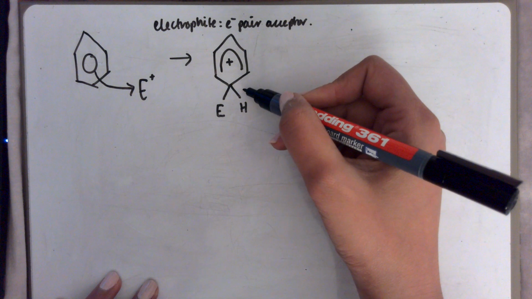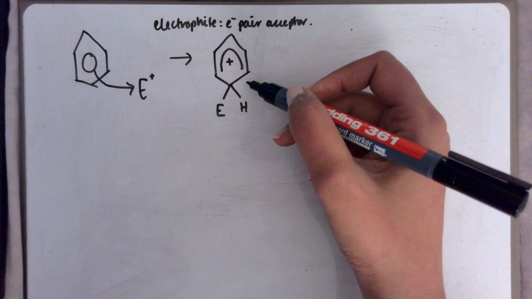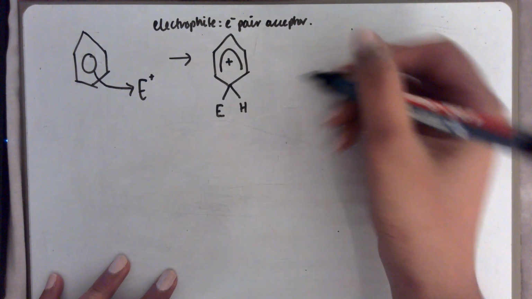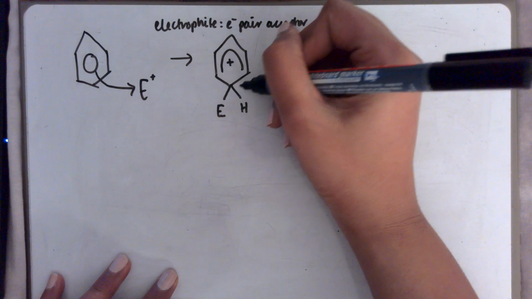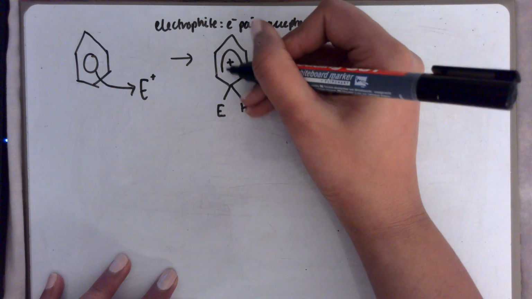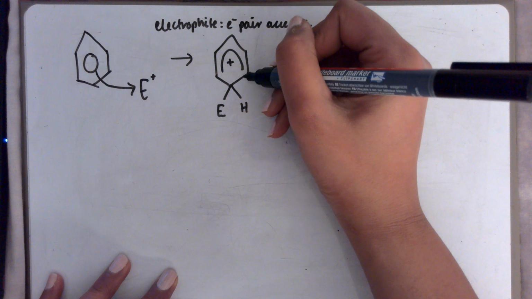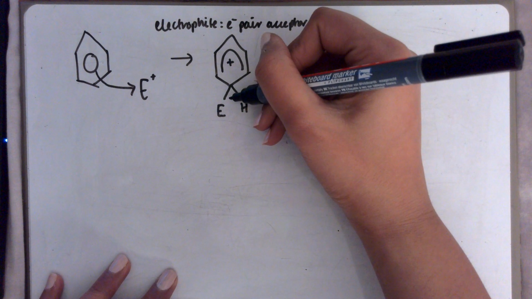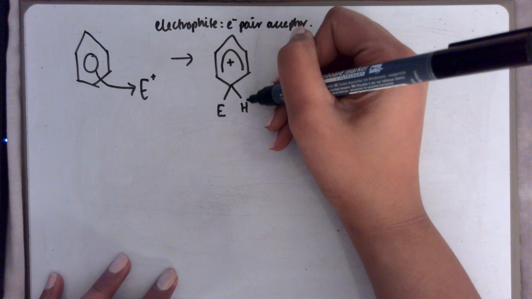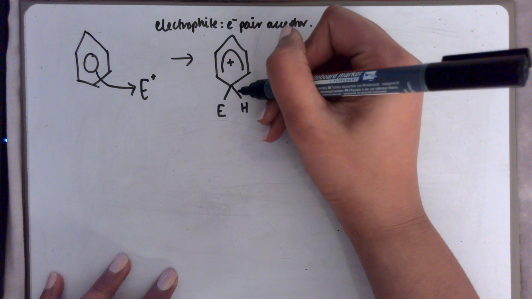So in order to go back to being very stable, it needs to reform the ring. We've just added the electrophile, so really I don't want to lose it again. But what does happen is that the electrophile will actually substitute the hydrogen.